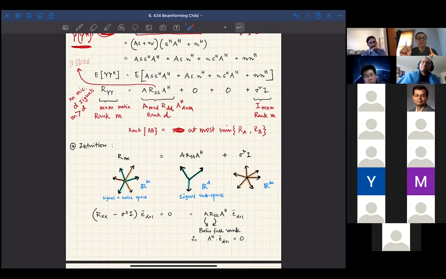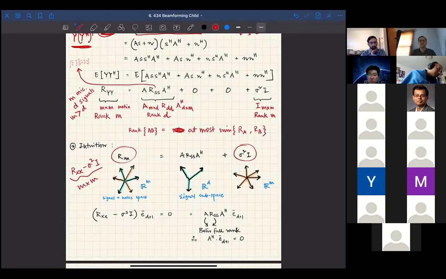It will not be a D-dimensional matrix. Rxx minus sigma square I is still an M cross M matrix, because this is M cross M and this is M cross M. You subtract two M cross M matrices, it will be an M cross M matrix.